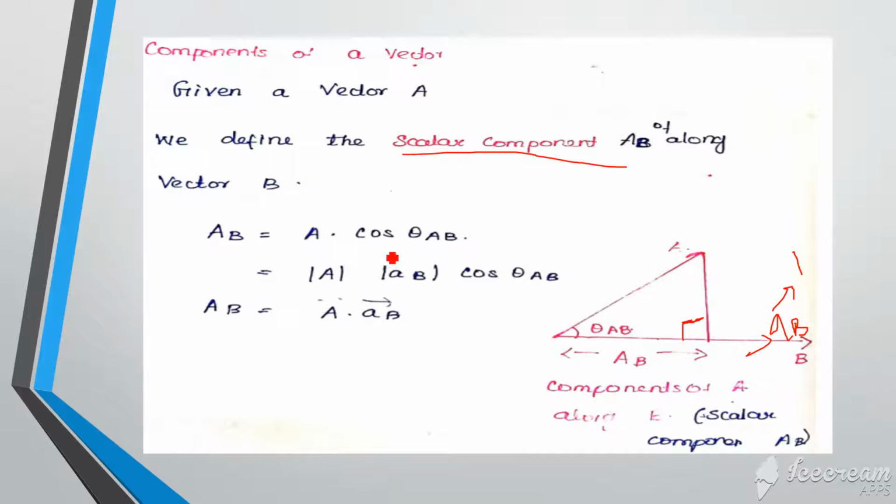So simply multiply the magnitude of aB with this equation. Now this equation is written as A vector dot aB vector. This is also a vector. So the scalar component of A along B is nothing but A dot aB.